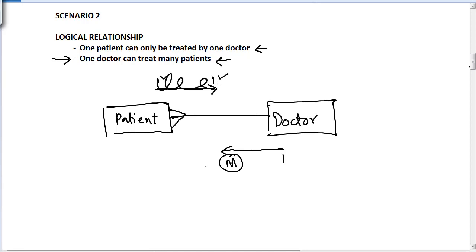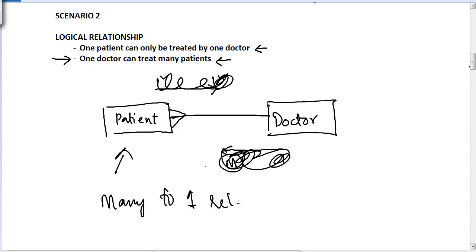So we are going to ignore the arrows here, and let's see how we can define this diagram now. There is a many to one relationship in this entity relationship diagram, so basically we're looking this way, right, and we are saying there is a many to one relationship in this ER diagram.